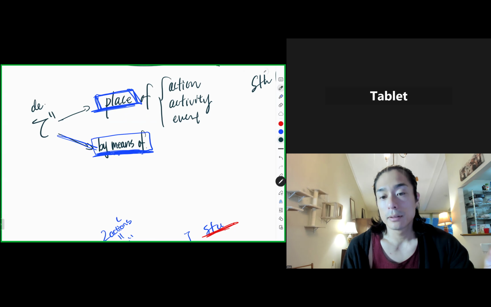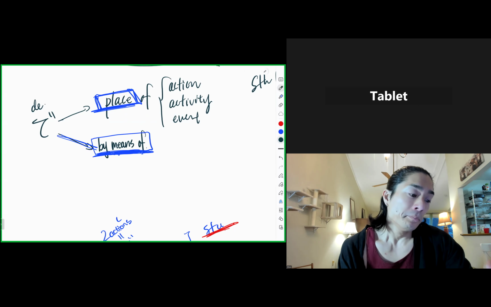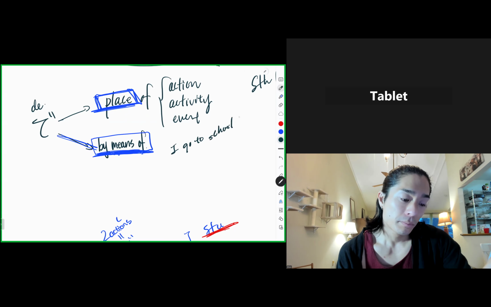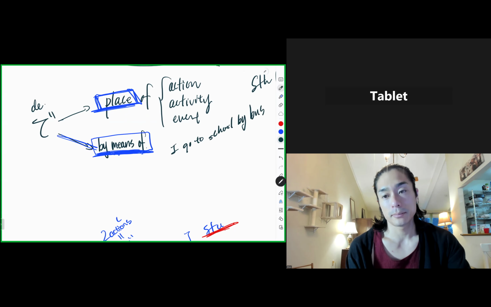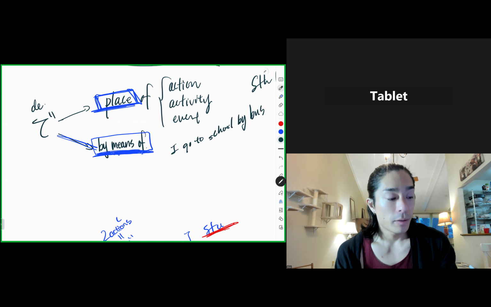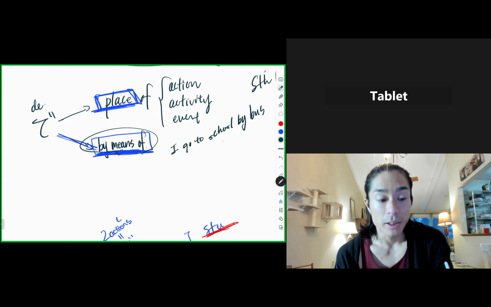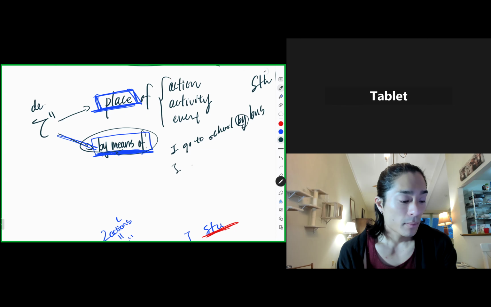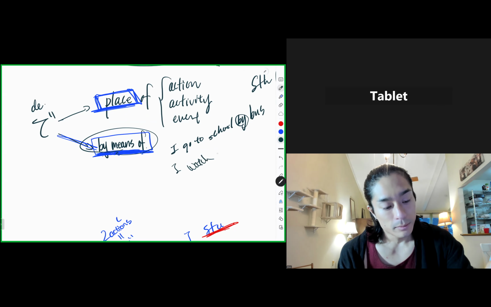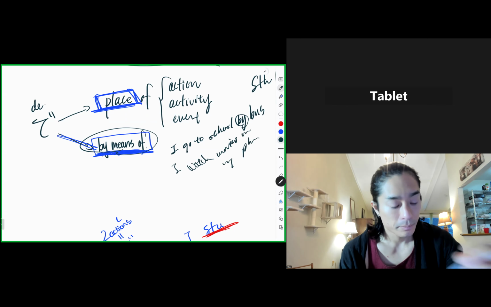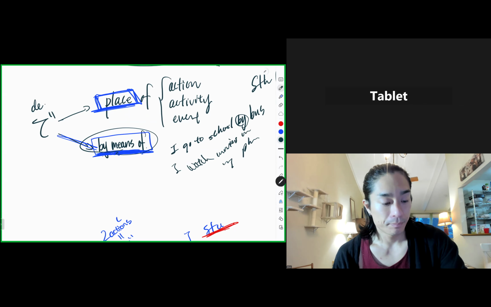There are many kinds of by means of. For example, I go to school by bus. This one, if you have to paraphrase using by means of, we can say I go to school by means of bus, right? I watch movies on my phone.